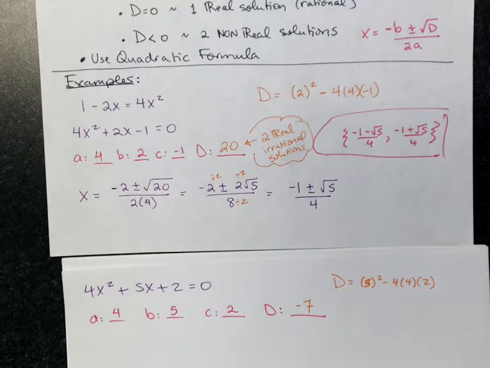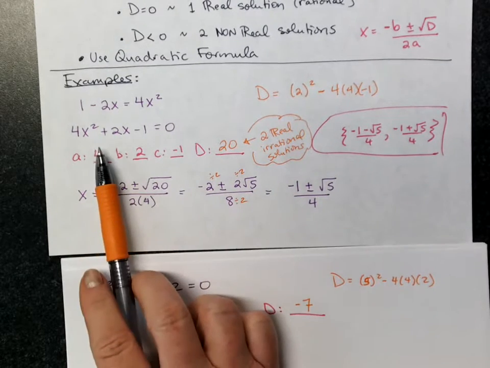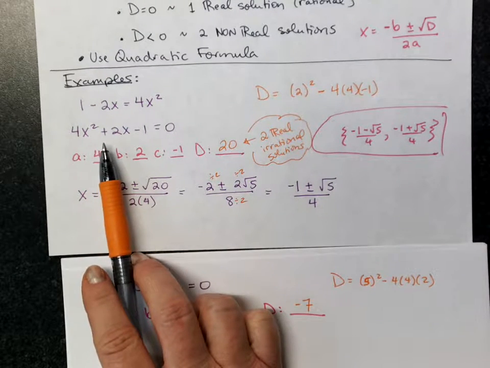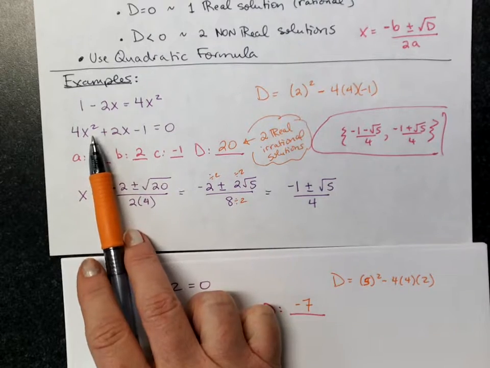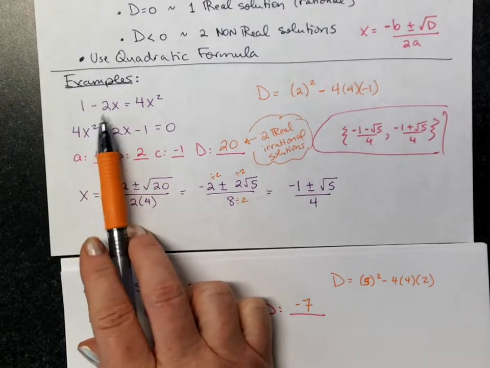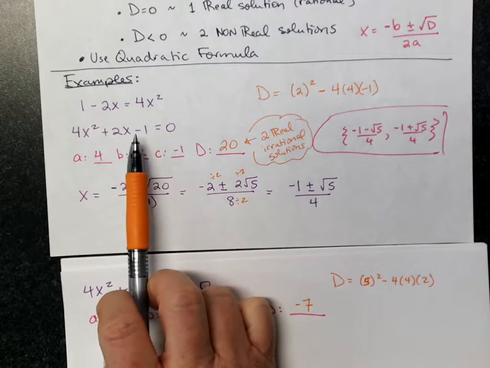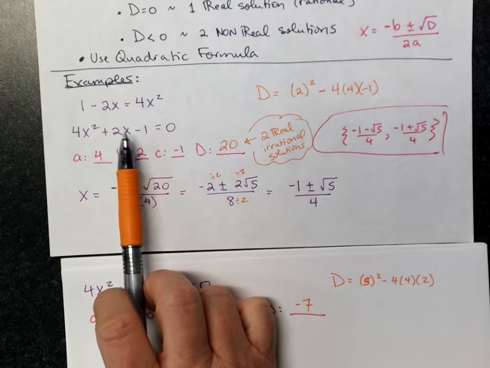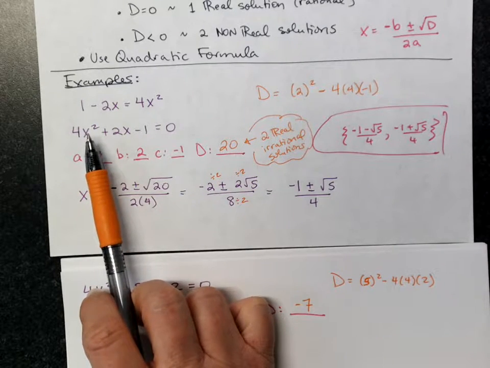Oh, no, go ahead. So on this method, when you moved it over, you got to change the signs on all of it? Because how I'm used to, when you move that 4 to the other side, it should be negative 4x squared, right? Right. It would be negative 4x squared minus 2x plus 1. My habit is I always want to think that quadratic is positive.